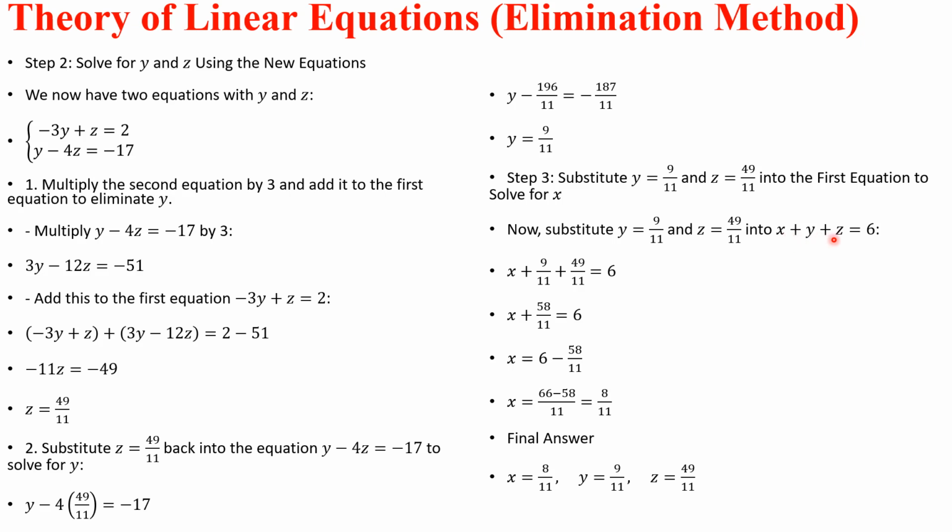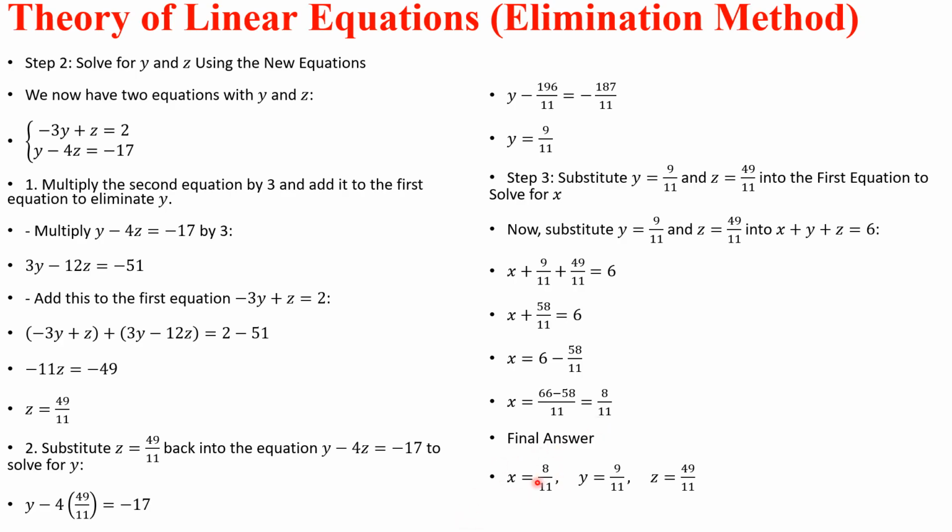Of course, this is the first equation, which may be the simplest to substitute these values into in order to get x, and that is what we've done here. Playing around with the equation shows that x equals 8 over 11.